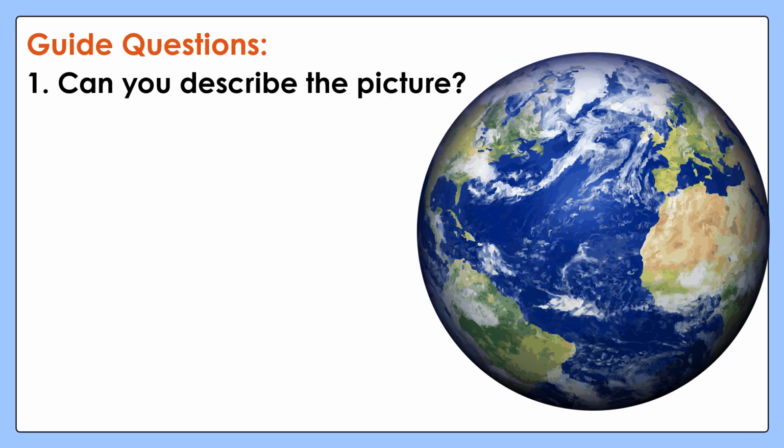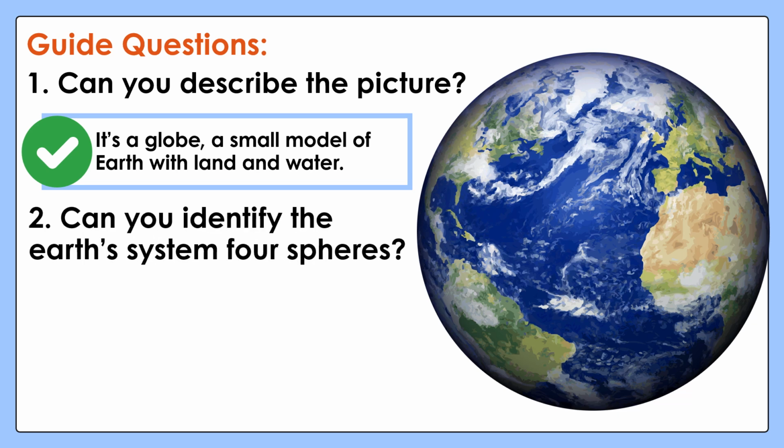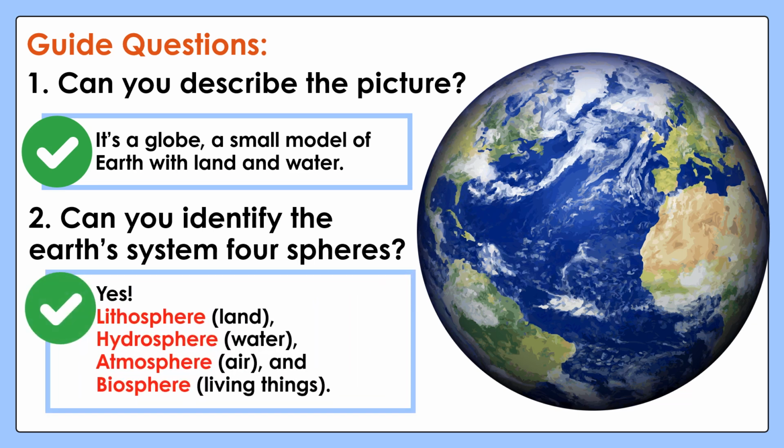Guide questions. First, can you describe the picture? The answer: it's a globe, a small model of Earth with land and water. Second, can you identify the Earth system four spheres? The answer: yes.